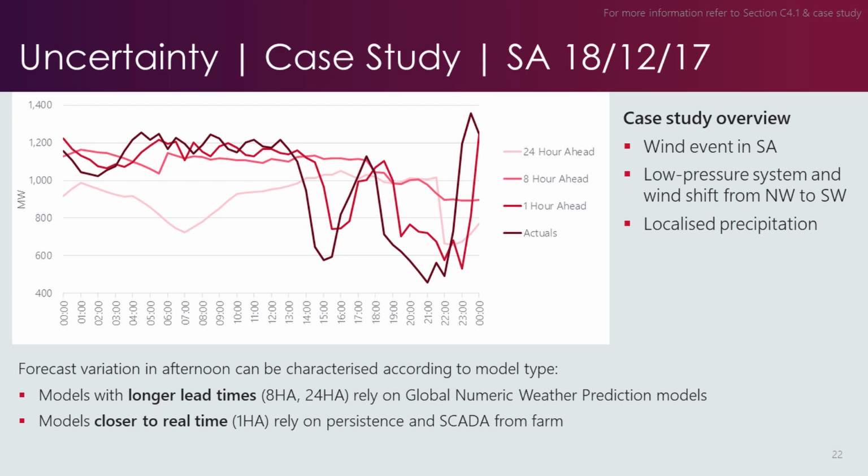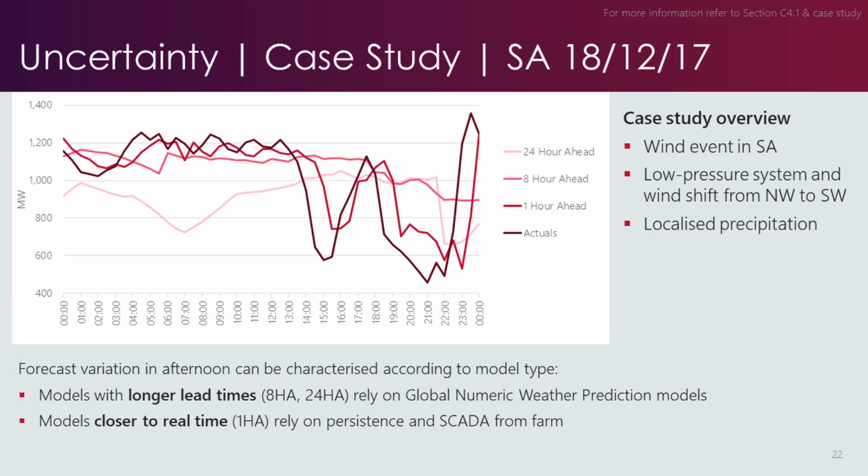This means that if weather systems are developing faster or slower than the model predicts, such as a low pressure system moving through a state, this might not be picked up for some time. Also, during this particular ramp event, the local effects of the prefrontal trough and a large band of precipitation weren't well resolved by the NWP model. These are all commonly known challenges for these sort of models.